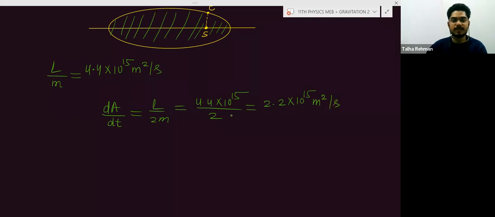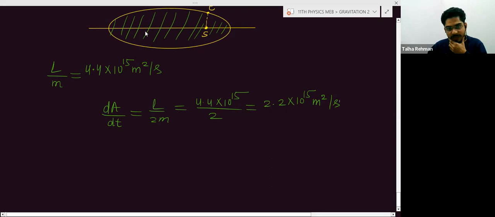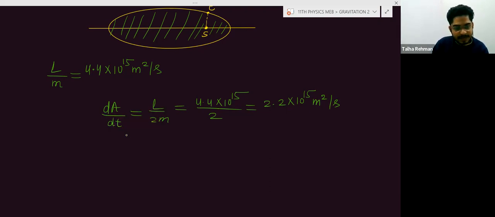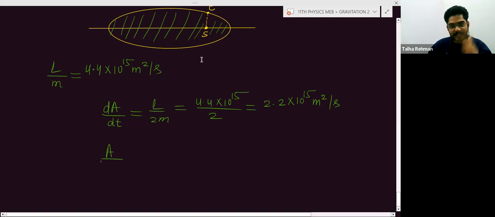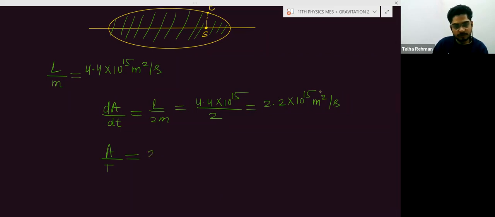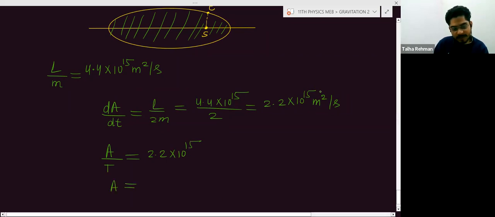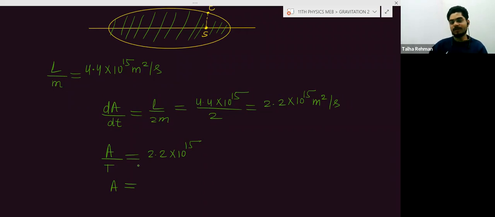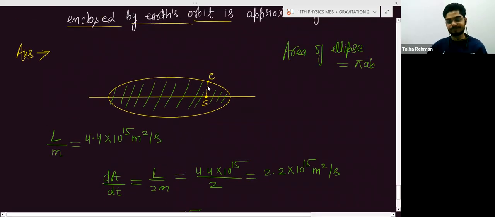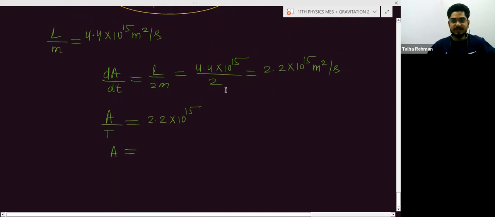Now to calculate this total area, there is a requirement of total time. So total area is suppose A and total time is the time period, and this is equal to this value 2.2 into 10 to the power 15. So total area swept in a total interval of time, and this is t, and time period for the Earth's revolution around the Sun is 365 days.